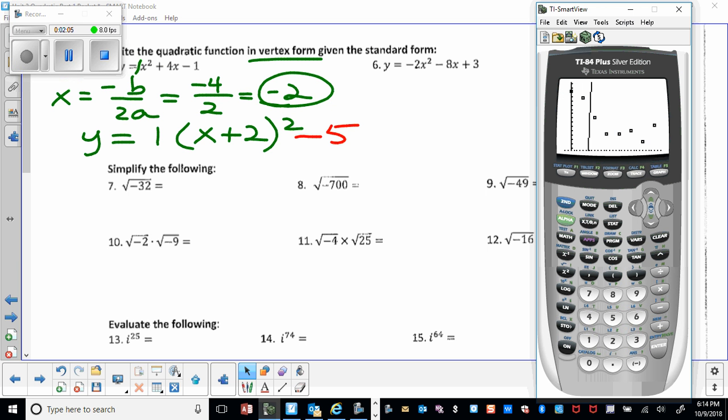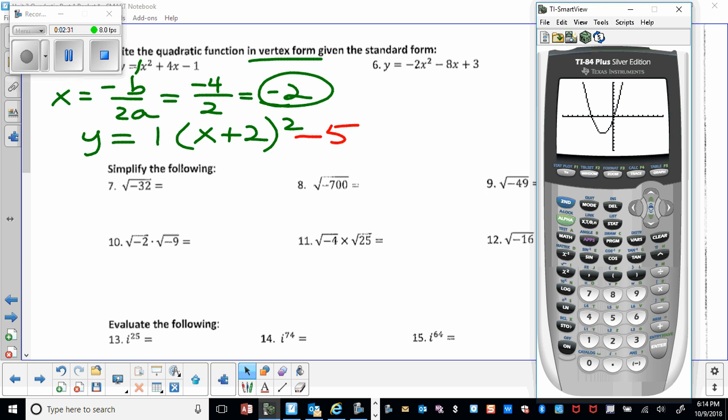So let me go to y equals. I'm going to arrow up and turn off the plot. Oops, it looks like it's still on. Turn off the plot. And then I'm going to zoom 6 so that it's in standard, like normal. And I can see my graph there.